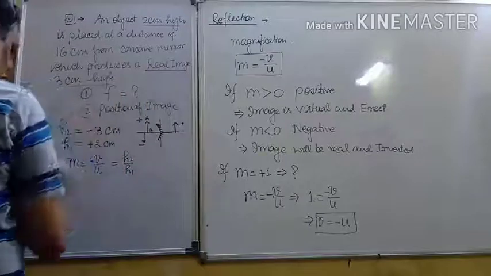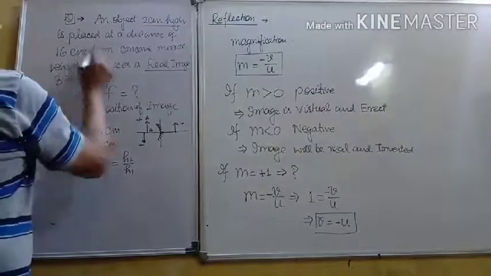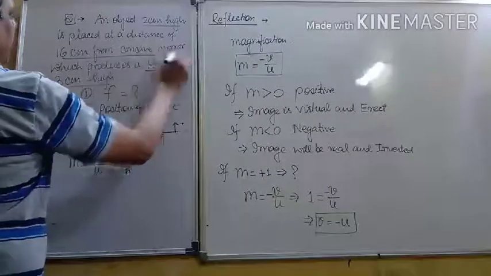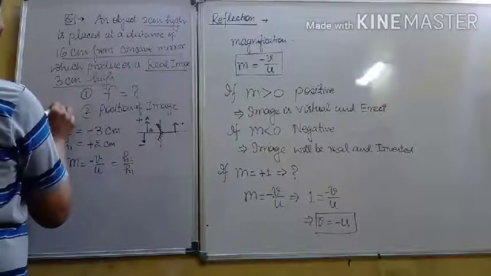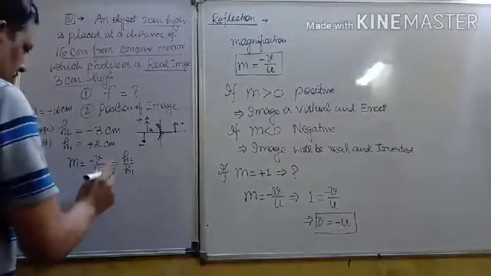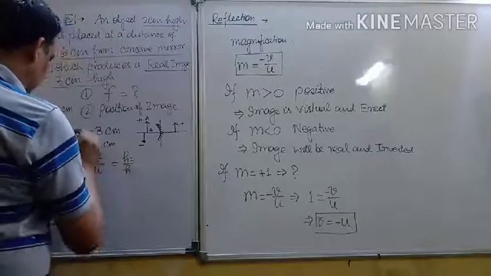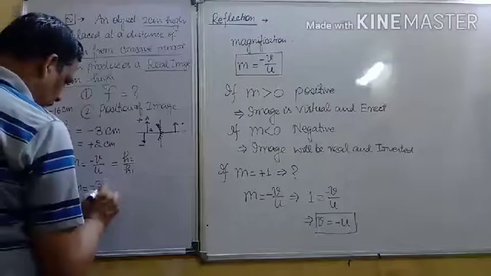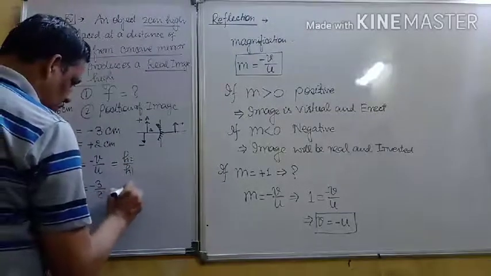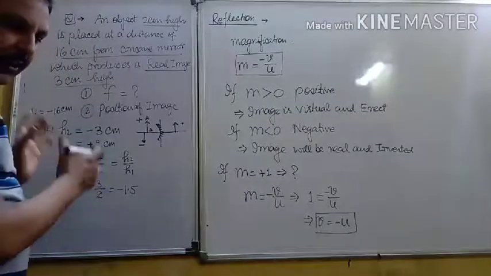The value of u is also given, that is minus 16 centimeter. Produces a real image. Then m is h2, which is -3 upon 2, that is minus 1.5. This is the magnification.